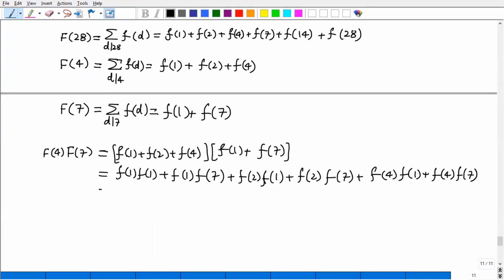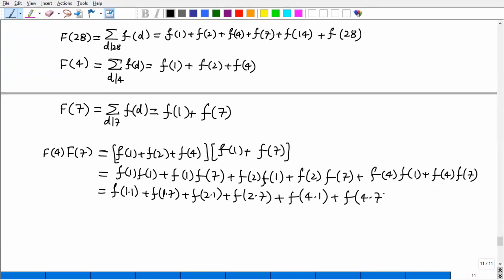We know that f is multiplicative, so this can be written as f of 1 times 1 plus f of 1 times 7 plus f of 2 times 1 plus f of 2 times 7, then plus f of 4 times 1 plus f of 4 times 7, because it's multiplicative.